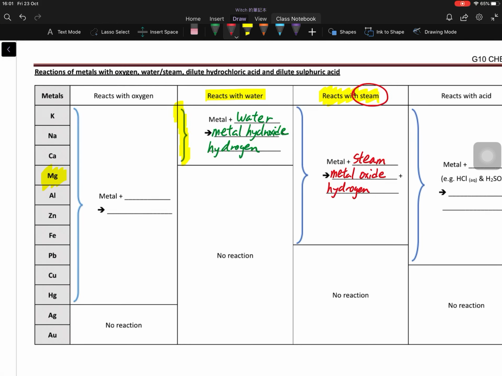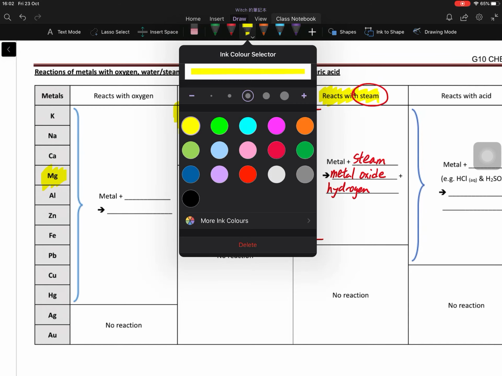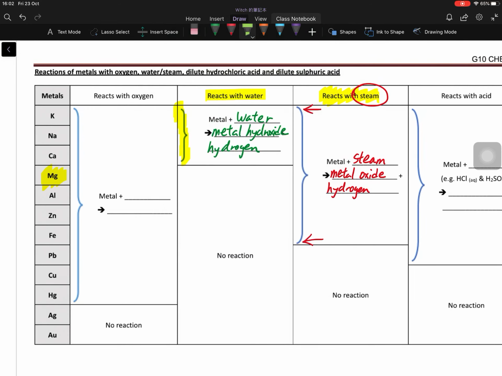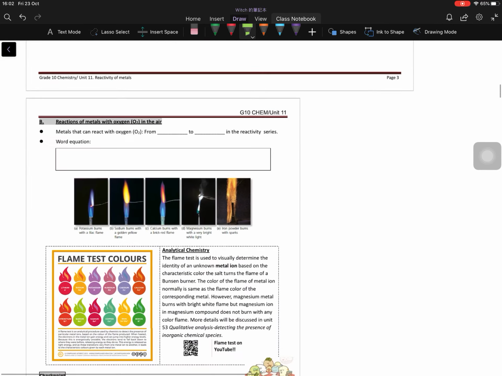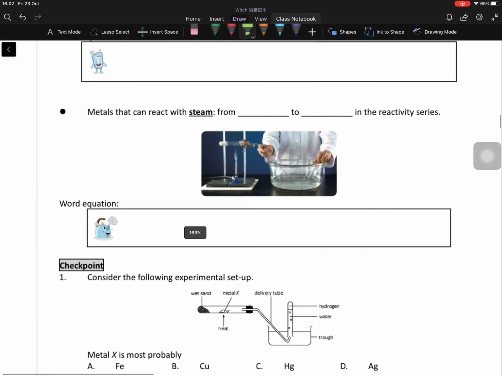And here it shows that with higher temperature the reaction can start from potassium, which is at the top of the series, down to iron. This is the range we need to notice. Let me highlight it first. This is our range.